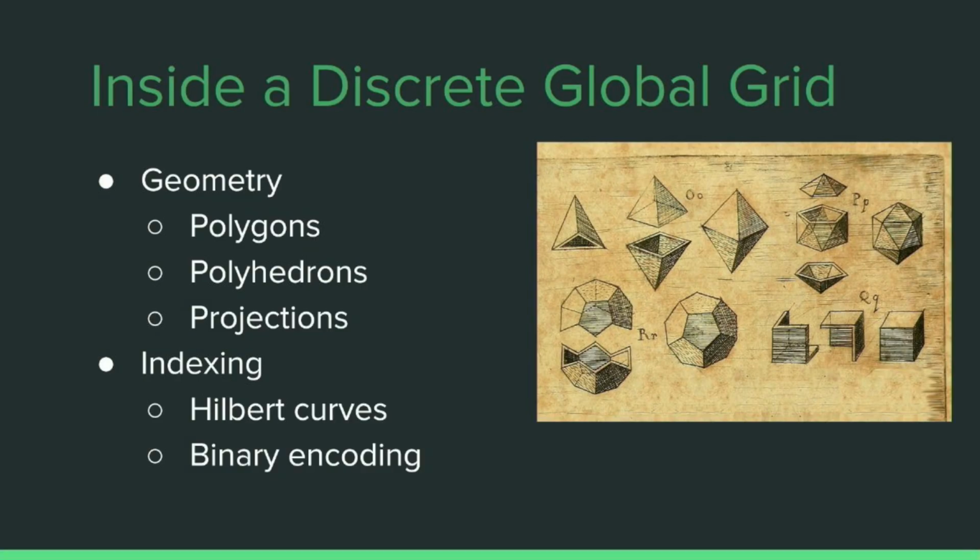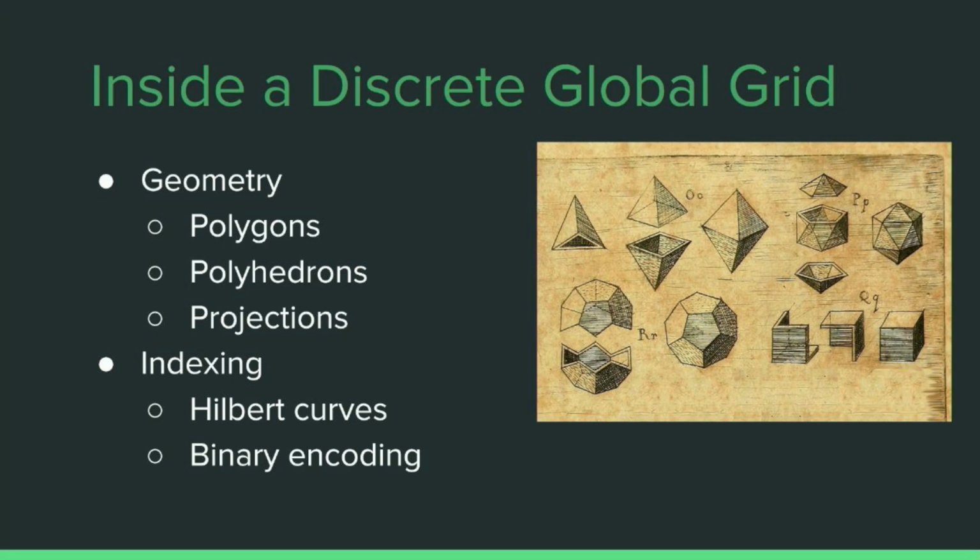Okay, so if we look inside of a global grid or discrete global grid, what are the actual very, very fundamental building blocks? And you might see these drawings that I've done here. I've taken these from, I think, a 16th century work by Kepler. So these are things which have fascinated people for centuries and centuries and centuries.